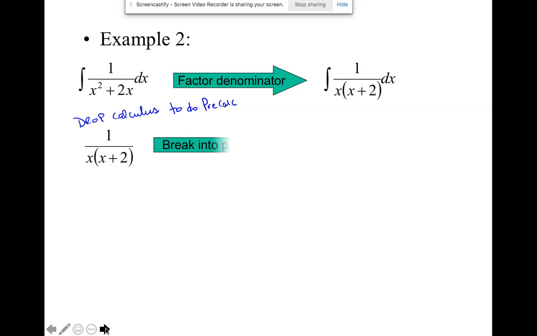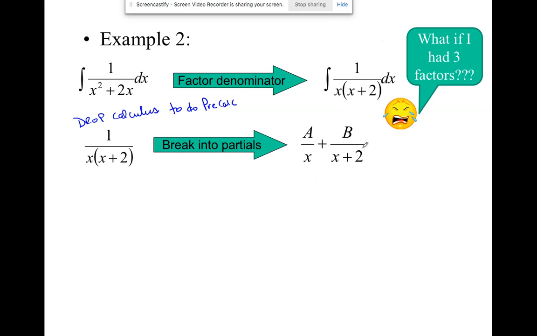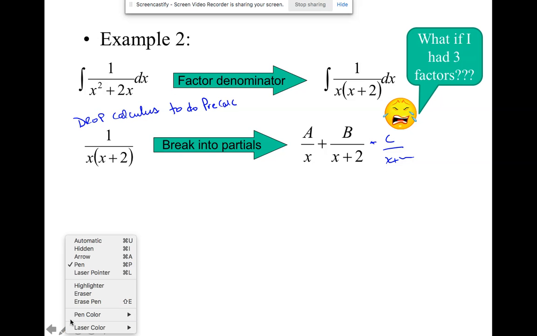My job is to rip that fraction apart. If you had 3 factors, whatever it was, that's what you would do. And we did that in pre-cal. We did those cases.